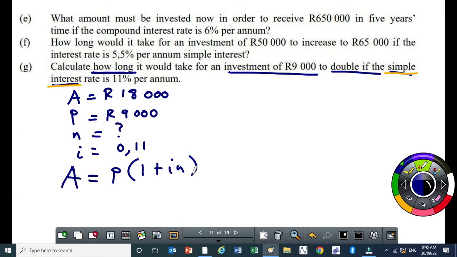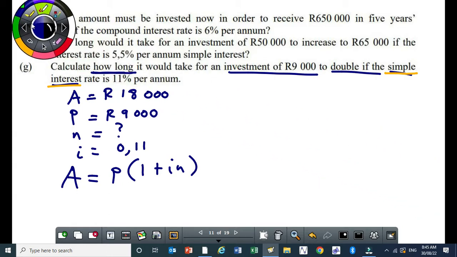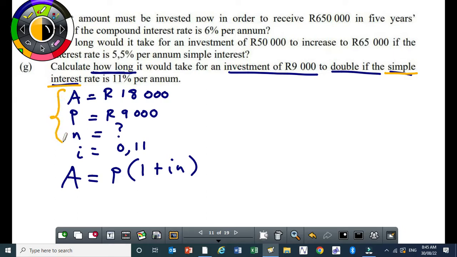Okay? Then the next thing, you substitute correctly. That's why I listed the given information here. Then you substitute. Normally there is a mark for substituting correctly into the correct formula. If you just write the answer, you lose a mark for the formula, you lose a mark for substitution.